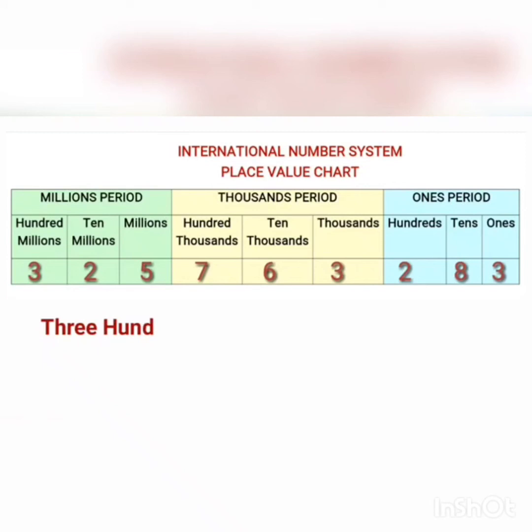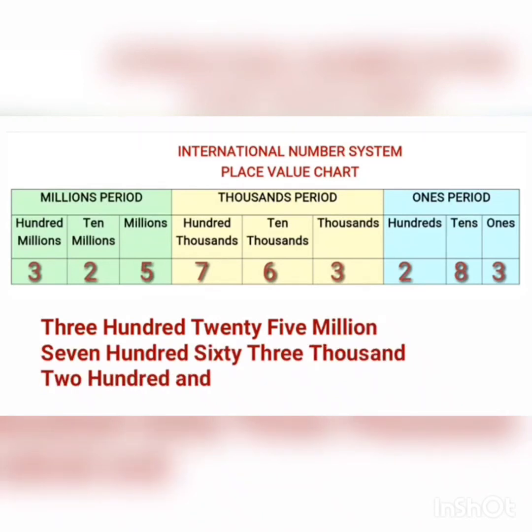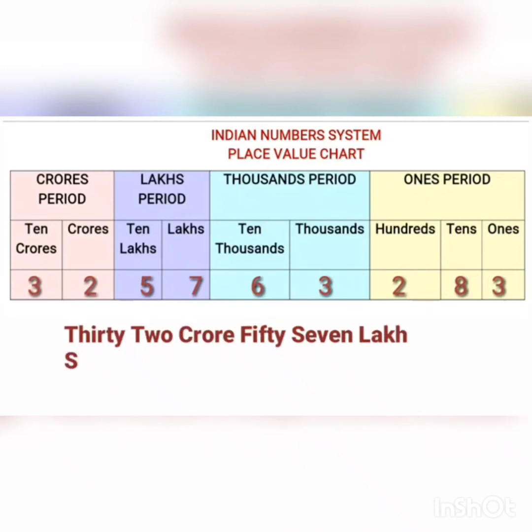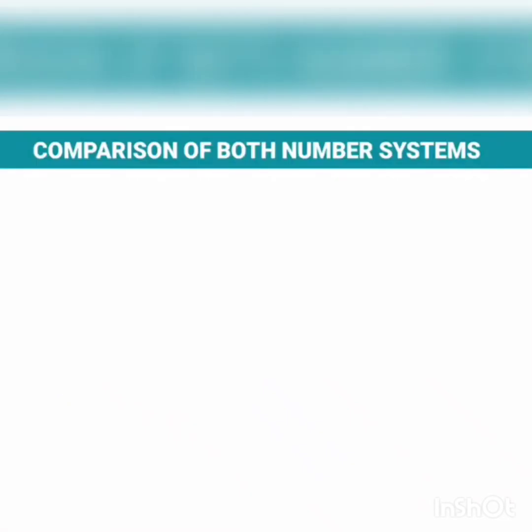As per this chart, we read it as 325,763,283. The same number now we try to read as per Indian number system. We read it as 32 crores 57 lakh 63,283. I think you have understood now how one number's place value changes as per both number systems.